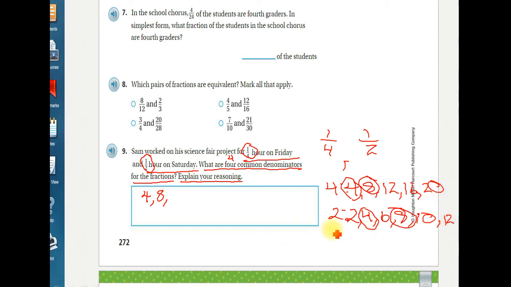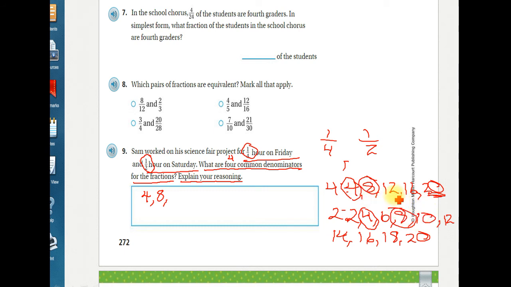So 12, 14, 16, 18, 20. Now I can always go back and do my 4's too, but until I get my smaller number up to the biggest number here, I'm going to stick with doing my 2's rather than going back and doing both my 2's and my 4's.